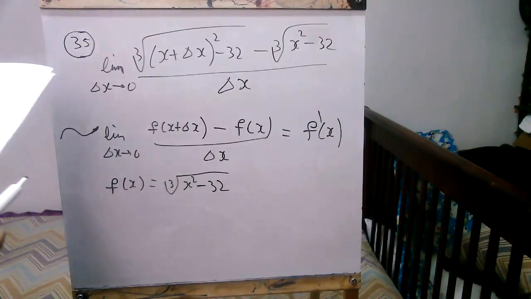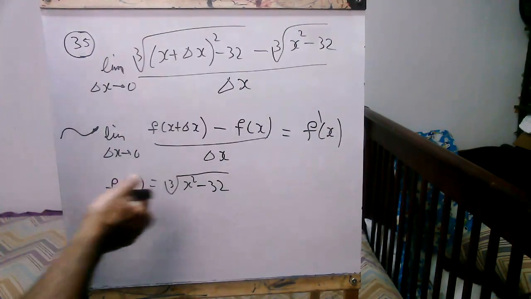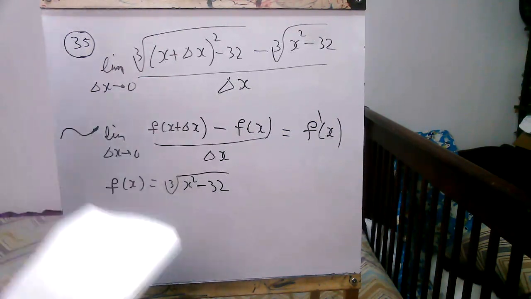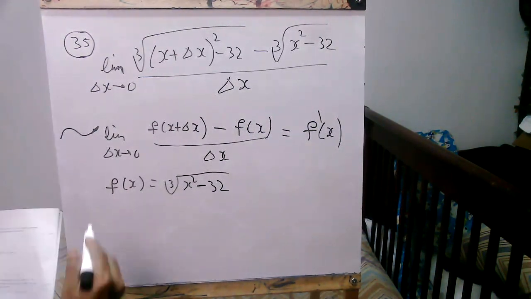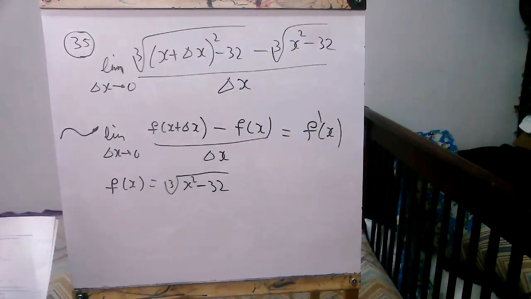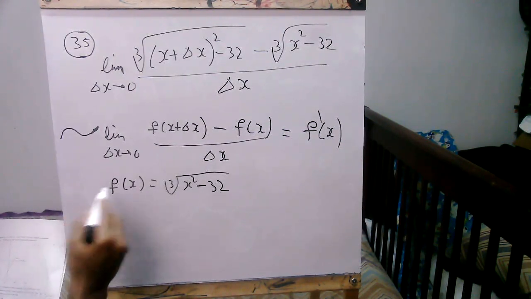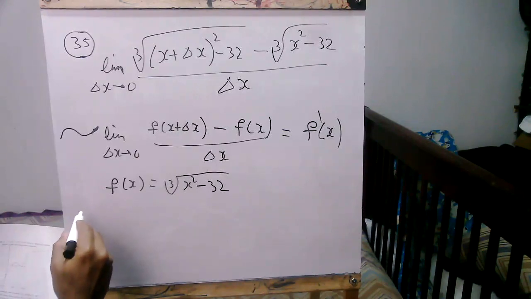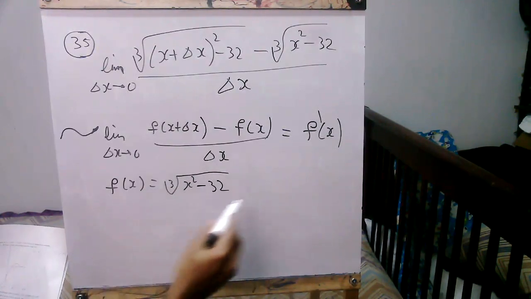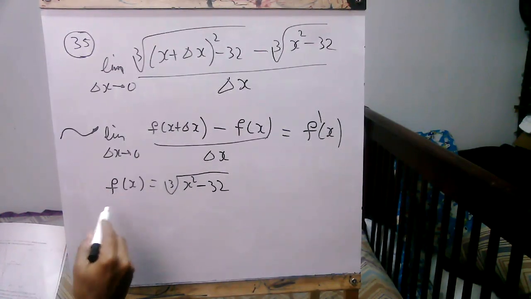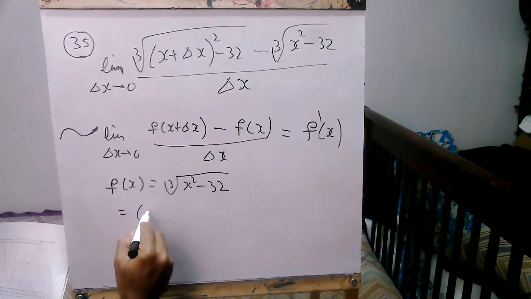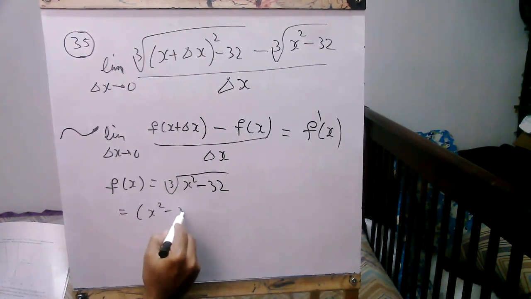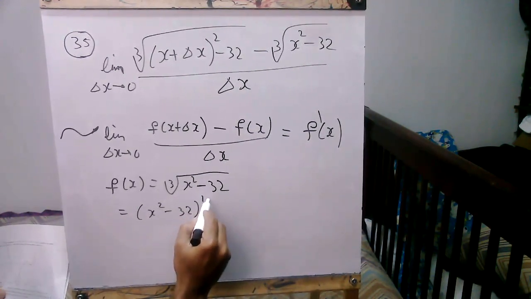Now all we have to do is find f dash x, right? We can use the calculator. If you do it by hand, this is the same as (x squared minus 32) to the power 1/3.